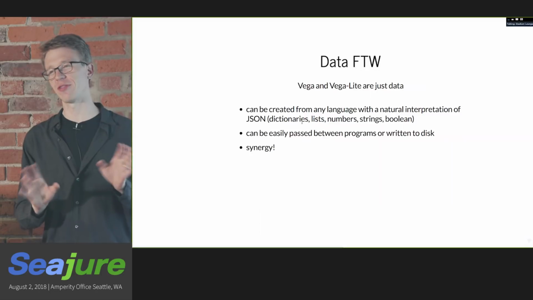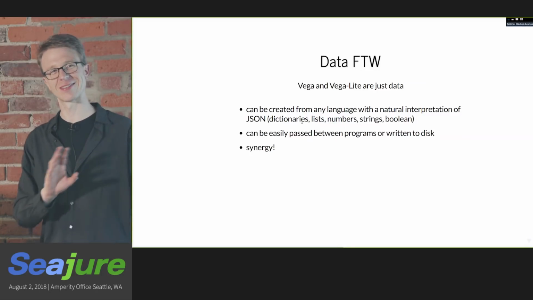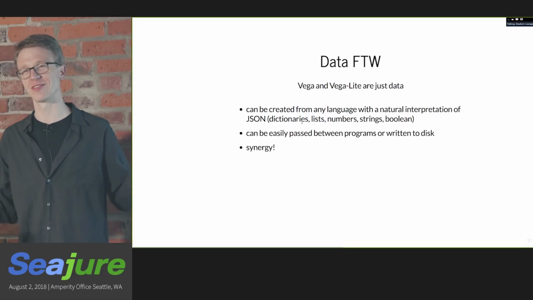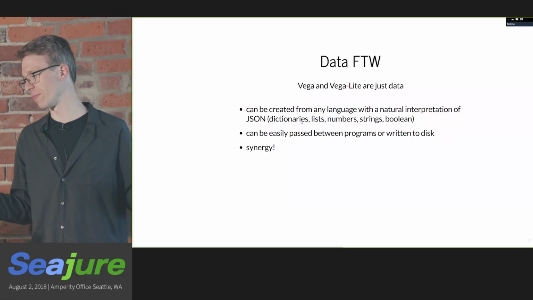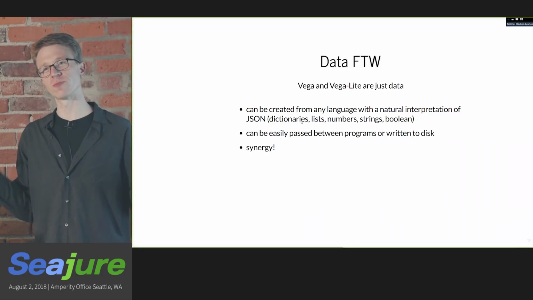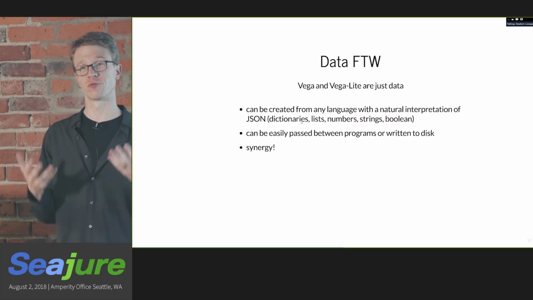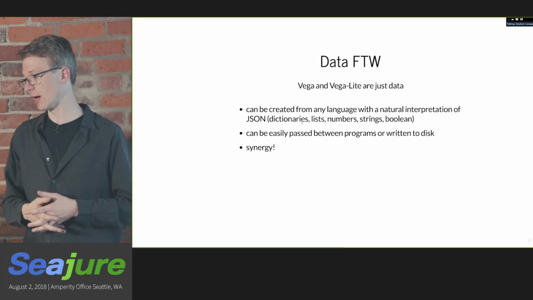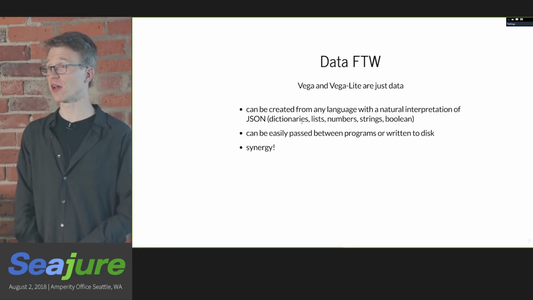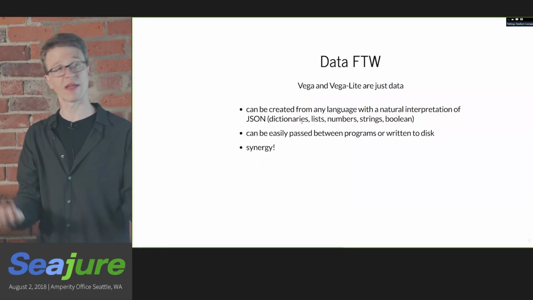And to boil things down in somewhat less navel-gazy terms, right? This is just data being awesome. So when your specifications for visualizations are just data, this leads to a lot of real tangible benefits. You can create Vega and Vega-lite visualizations from any language, right?